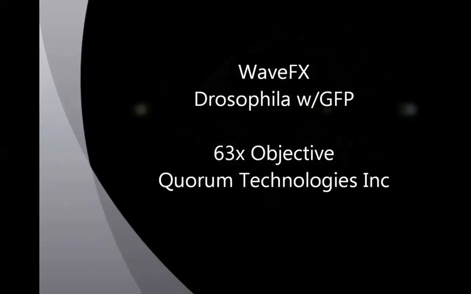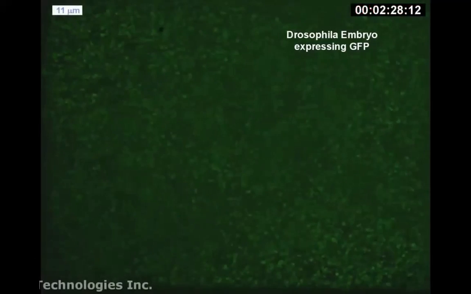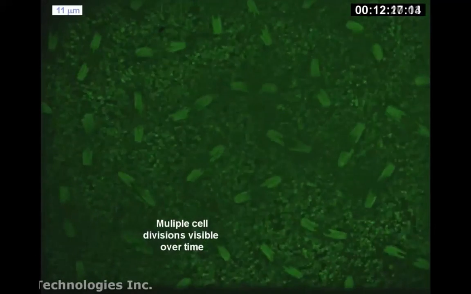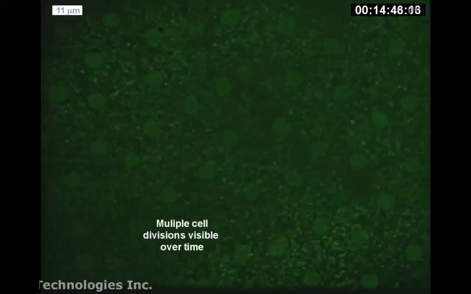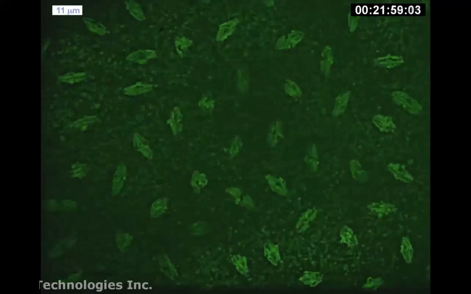But just to show another movie about some of the problems that we have to deal with when we're thinking about controlling the cell cycle. What you're looking at is the Drosophila embryo. At this stage, the Drosophila embryo is just a bag of nuclei. The DNA is labeled with a fusion protein that labels all the DNA, and you're seeing it as the DNA condenses and then divides.